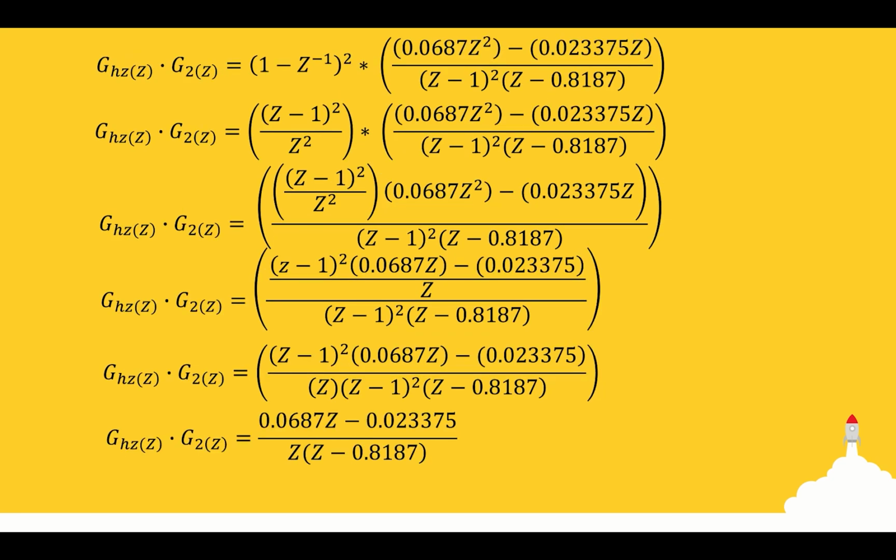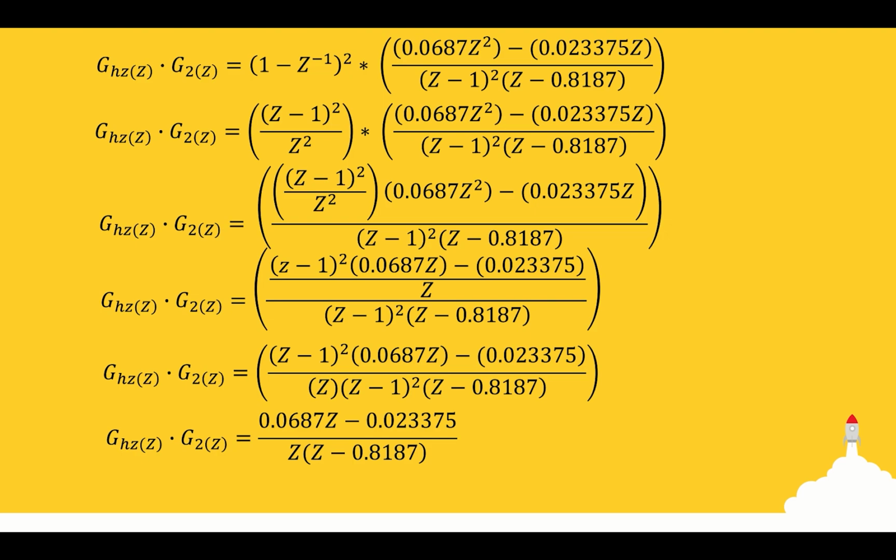And then for the GHz, that is the same as before, because z to the power negative 1 is equivalent to 1 over z. Therefore, when we simplify, we will get z minus 1 square over z square. And therefore, we will expand this one.